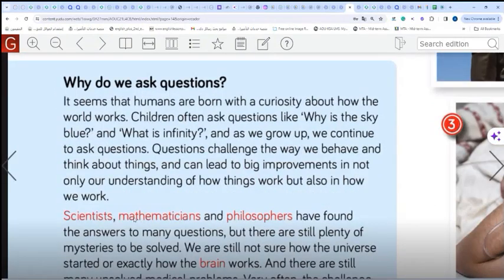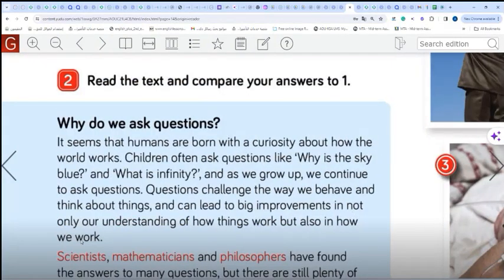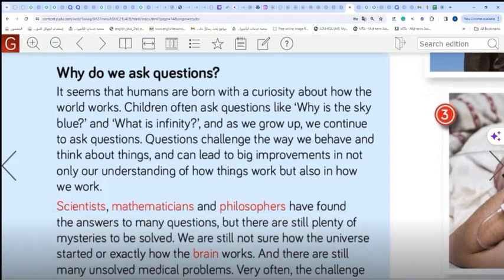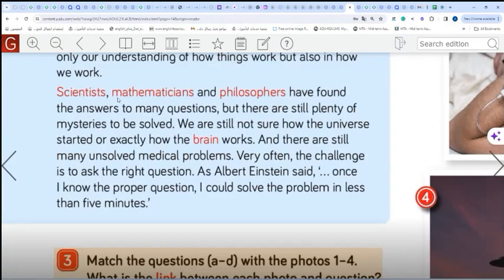Dear students, do you have any difficult word or phrase? No. Okay. Scientists, mathematicians and philosophers have found the answers to many questions, but there are still plenty of mysteries to be solved.